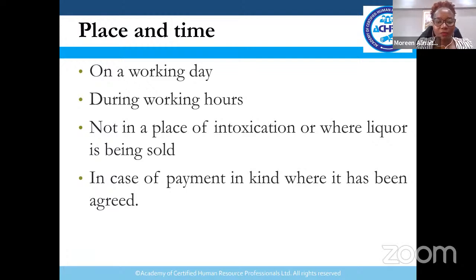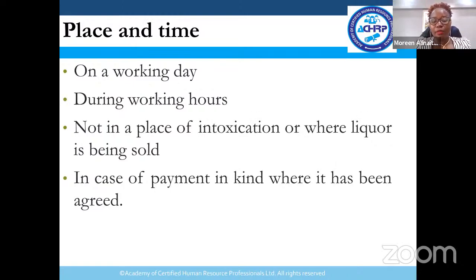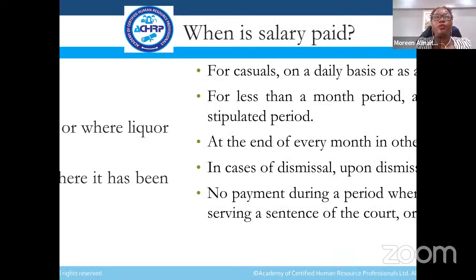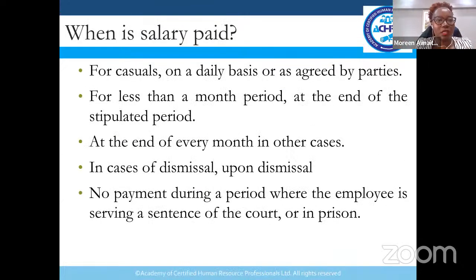So if the person works for you for a year and you give them the acre of land, then that is considered to be a proper kind of payment, as long as it has been agreed upon by both parties. You cannot now say that you work for me and I'm giving you land, so I'm considering to have paid. It must have been agreed upon by both parties.